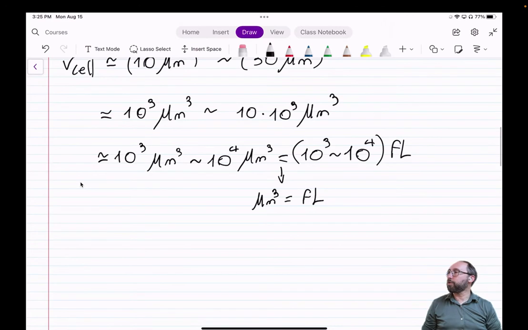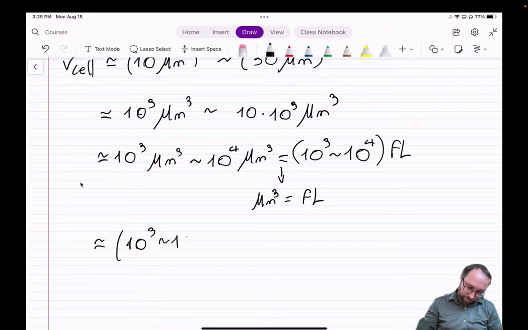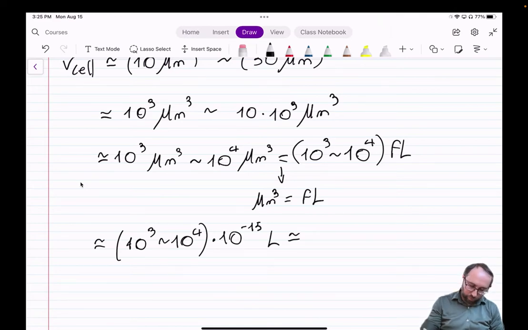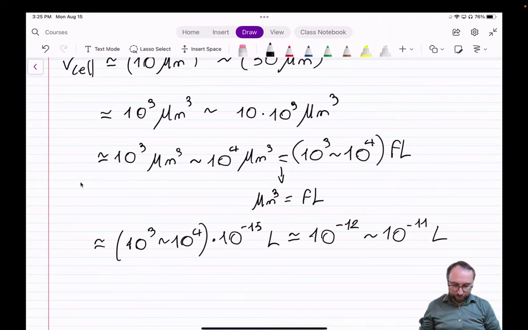Okay, and let's turn this into, what do we want to turn it into? We want to turn it into liters, right? So this is then 10 to the 3, 10 to the 4 times 10 to the minus 15 liters, which corresponds to 10 to the minus 12 to 10 to the minus 11 liters, okay?